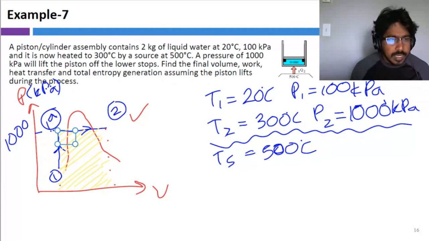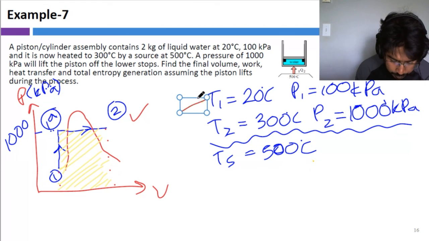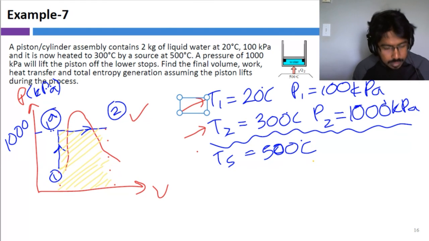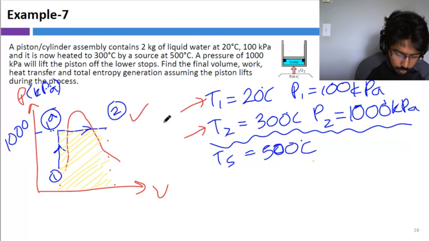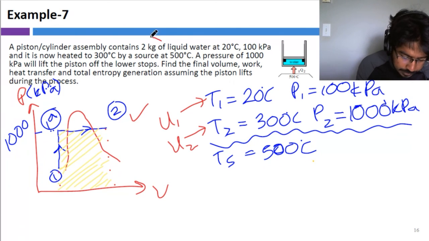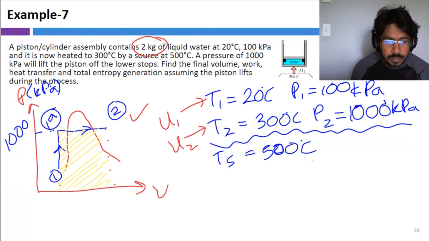And then we need to find the heat transfer. In this case, we can find U1 and U2 easily because T1 and T2 states are clearly defined. Then the mass of the system is given.